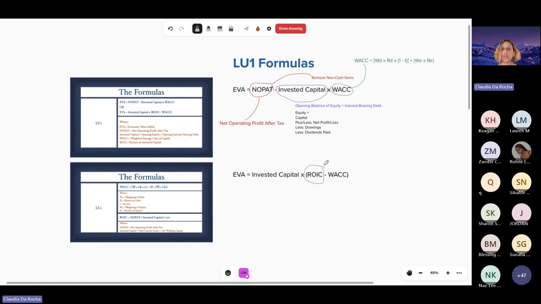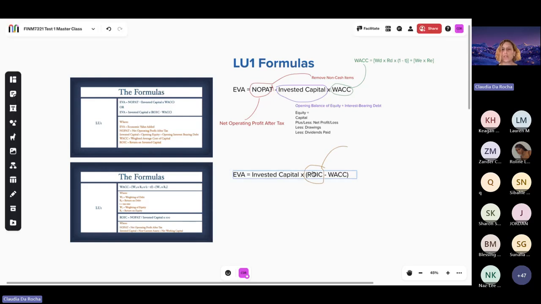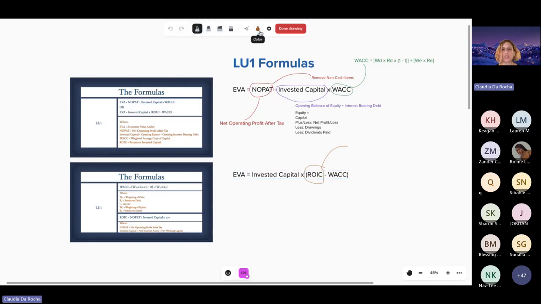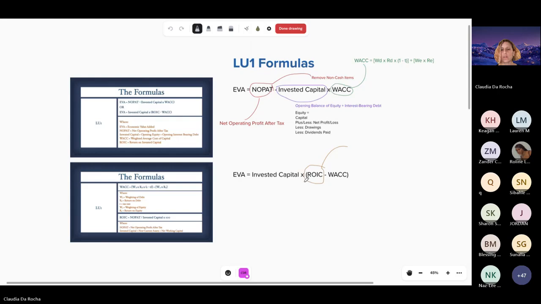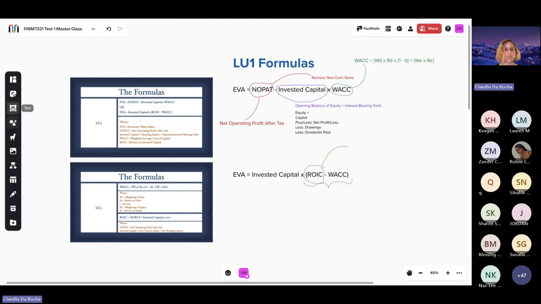Your return on invested capital is a percentage. Please note that when you're doing the calculation in the brackets here, it's actually a percentage, so I'm going to note that down in a different color.